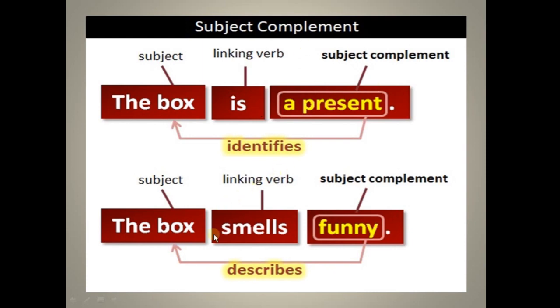Next one, the box smells funny. Okay, so smells, again a linking word is there simply. So the box, describing that it is funny, means how does that box smell? Funny. Okay, so that is funny. Here this is a subjective complement, meaning it is going to describe the subject.